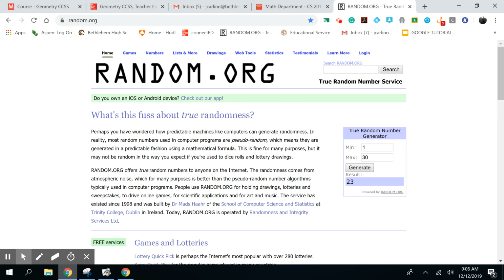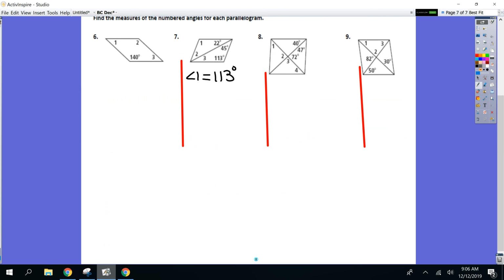Here we go. Angle 2. All right, I got you. What's angle 2? 45. How'd you get there? Oh, so you used angle 1 already, right? And 180 degrees in a triangle. Fine. Another way you could have gotten there, and I want you guys to make sure you always keep this at the top of your brain here.